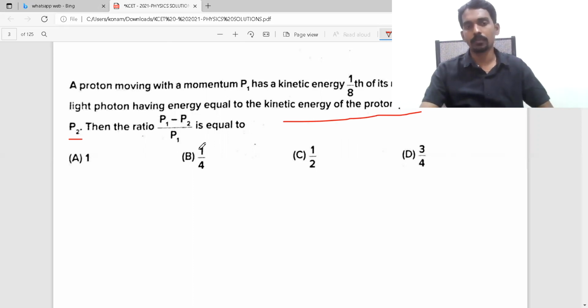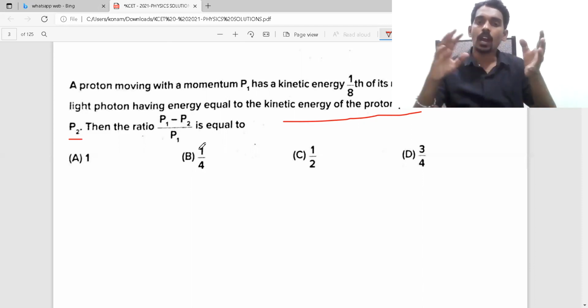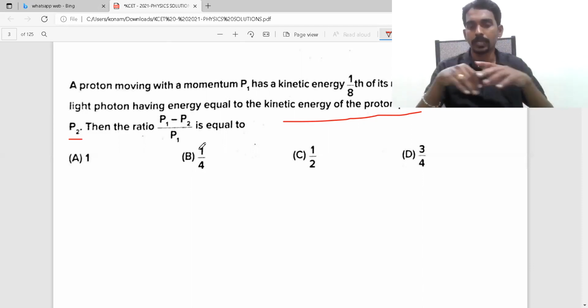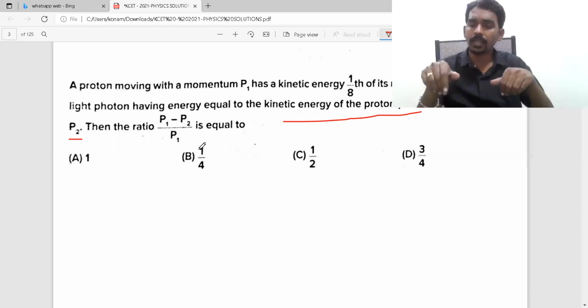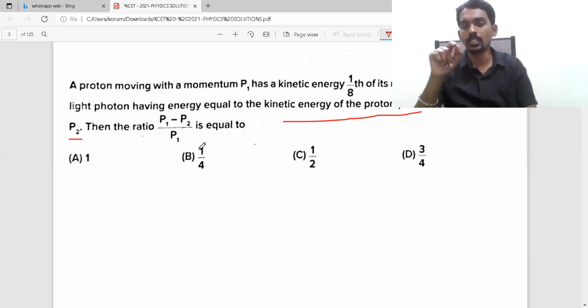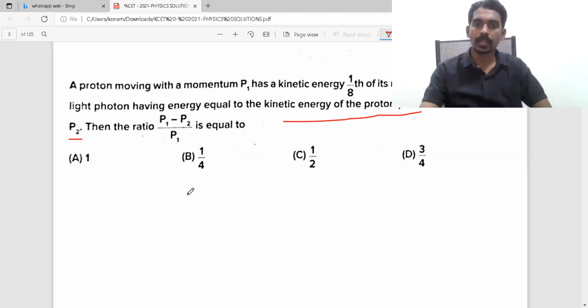Then they are asking (p1 minus p2) by p1. We can find it, but what we need to know here is how to express p1 and p2 and how to relate them in terms of kinetic energy, because both have the same kinetic energy.